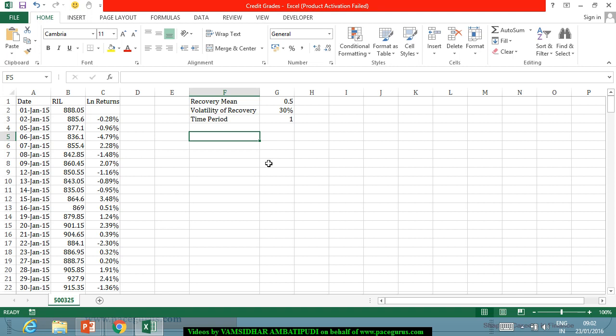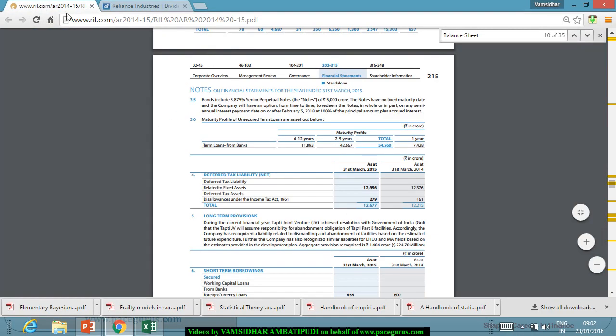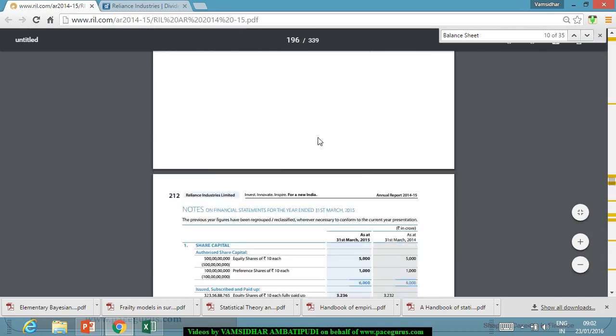Then we'll try to get some information from the balance sheet of the company. Some of the important things that I require, since this is a non-financial firm, are short-term borrowings, long-term borrowings, other short-term liabilities and other long-term liabilities. So these four I require for this company. So let me go back to their annual report.